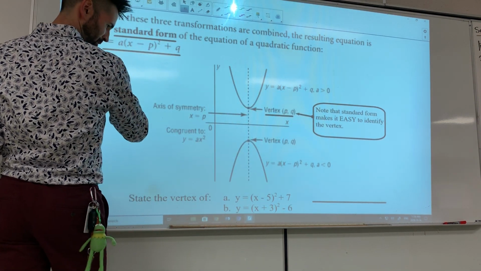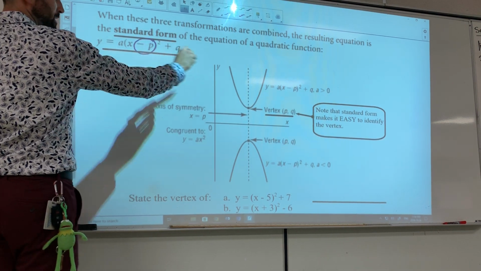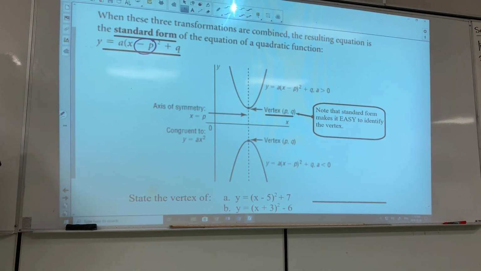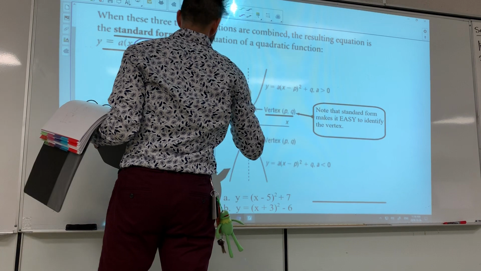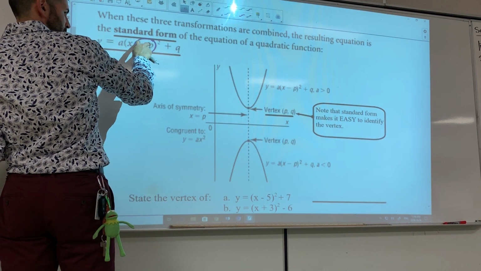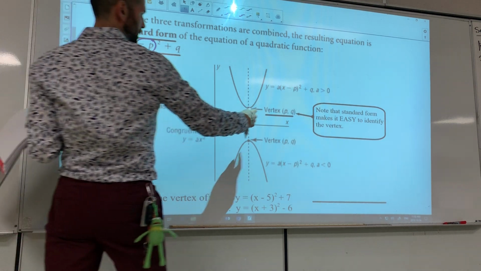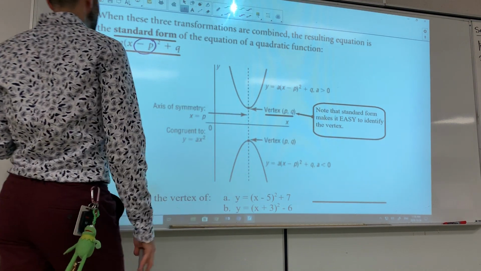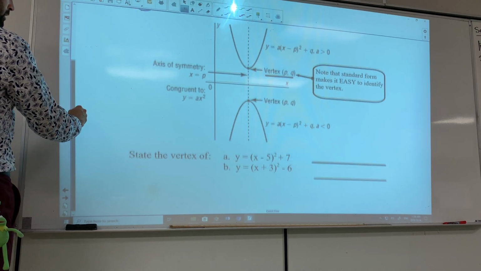You have to flip the sign on this when you plug it into your vertex. Why? Because it's always the opposite. So the q value is the y value of the vertex. Whatever value you have here, you've got to flip the sign, and that's the x value of your vertex. So we say the vertex is at point (p, q). And then if you have an a value, well, you can deal with that when you draw your graph.